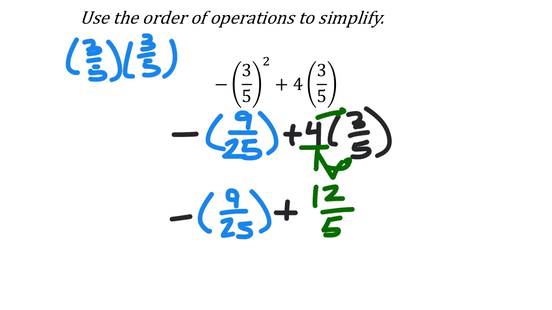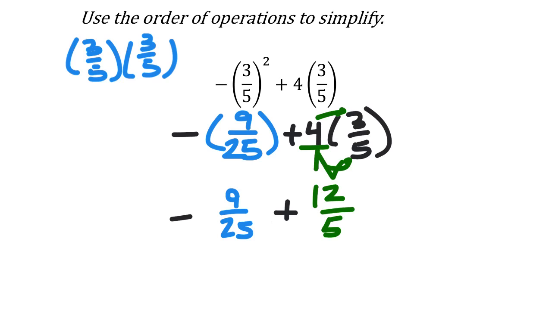And when we look at this stuff with the negative right there, it's just a negative of a positive, so I'm just going to make the whole thing negative right there. I don't really need the parentheses. But we're adding now, because we did all the multiplication and division from left to right. So I'm looking for addition or subtraction from left to right, and I see we're using addition, which means I need common denominators.